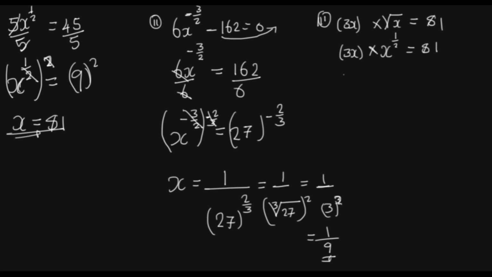Now from there, what we are going to do is we need to apply the law of indices, where we have the x here. We can see that we have the x here. So we can have 3x raised to the power 1. So since the bases are the same in terms of x, we are going to add the powers. So 1 plus 1 over 2 is equal to 81.